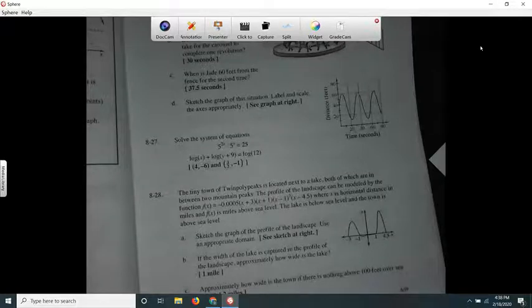Use an appropriate domain. So this one, I started in class. I started sketching it because I know that I can just sketch it by looking at these numbers. This is what I ended up doing.